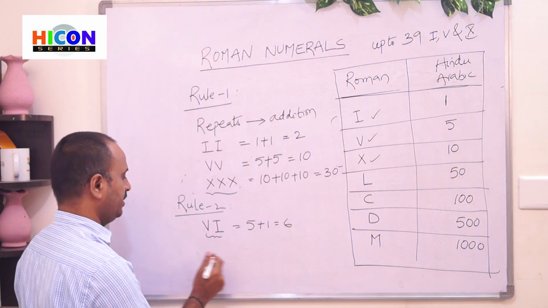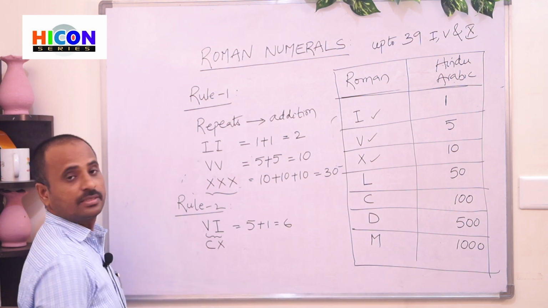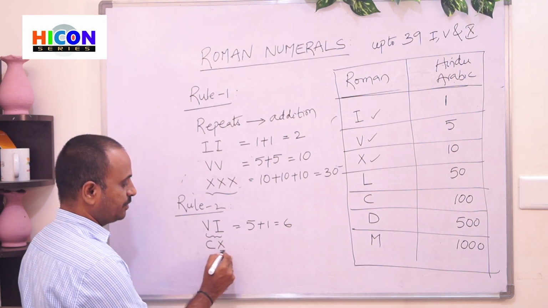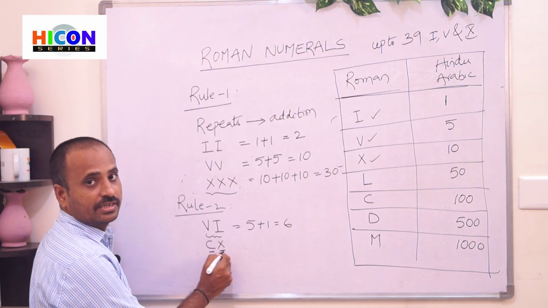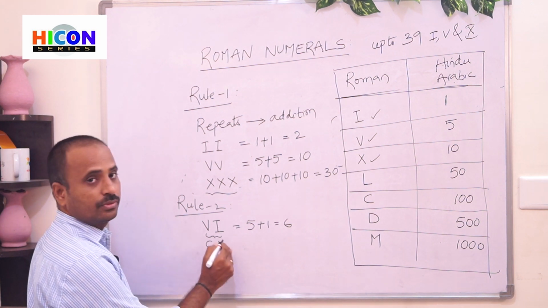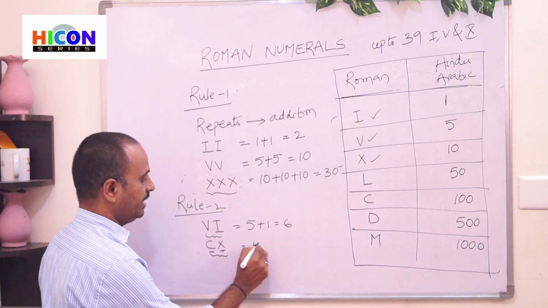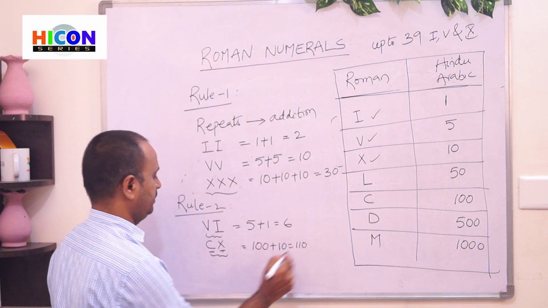In the same way, CX. Here X is the smaller value and C is the bigger value. The smaller value is written on the right side of the bigger value, so we have to add the 2 symbols. C means 100, X means 10, that means 110.